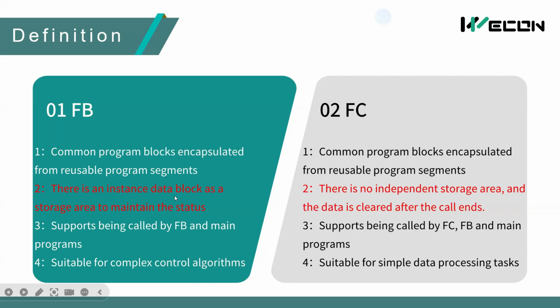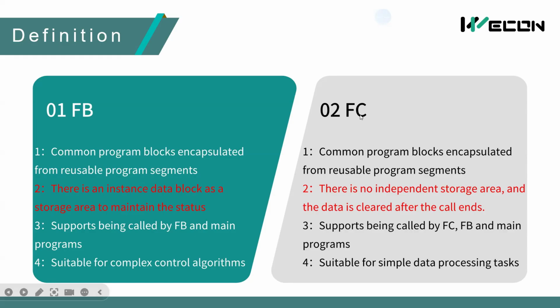So it means with the same input of function block, we may get different outputs because of the different internal value. But for function, with the same input, we will always get the same output. It's the main difference between function and function block. And the third point, in function block, we can use another custom function block to program.